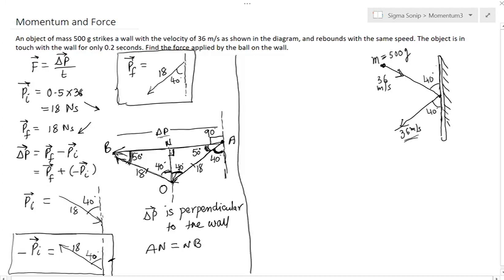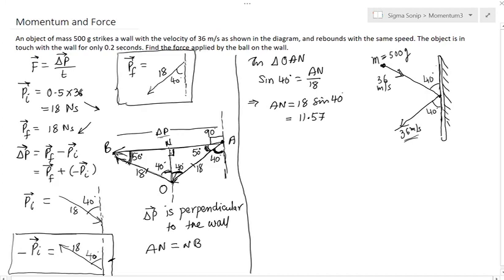So in triangle OAN, I can find sine 40 here. Sine 40 degree is equal to AN over 18, opposite over hypotenuse, and that gives me AN is equal to 18 sine 40, and that I just plug in the calculator, I get 11.57.